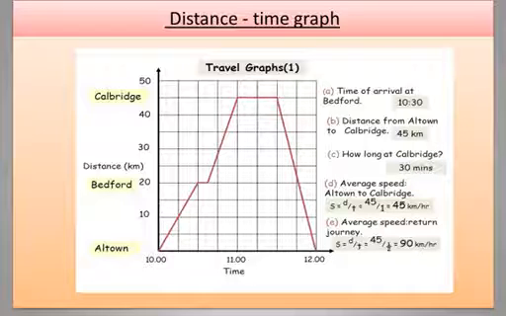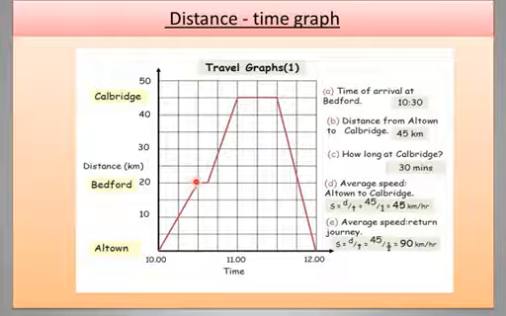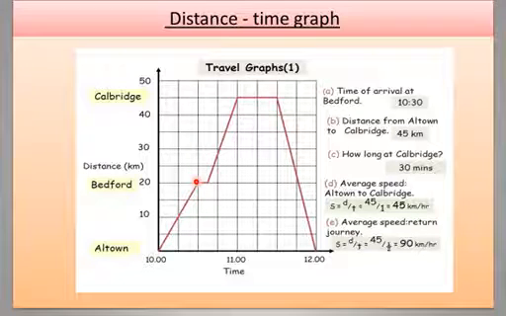Okay, now question number D. Average speed Alltown to Calbridge. Average speed, we know we will find by distance by time. So you have to find from Alltown to Calbridge what is the average speed. It traveled 45 kilometers from Alltown to Calbridge.